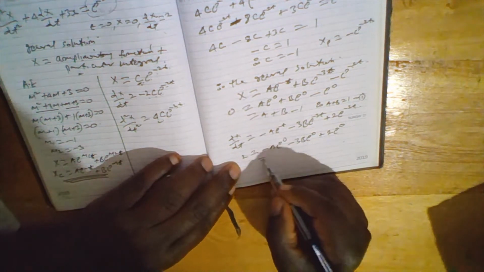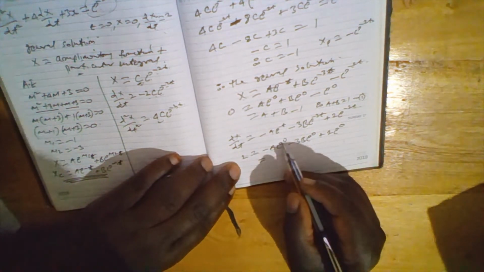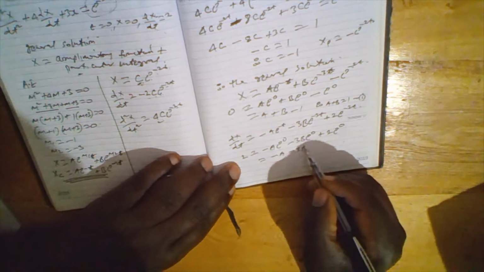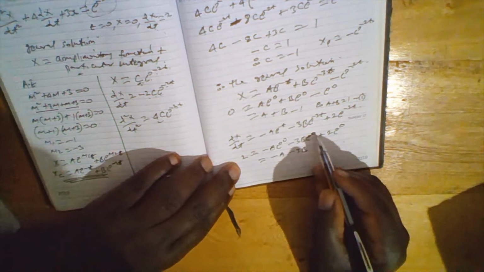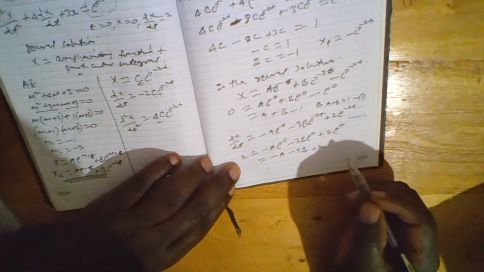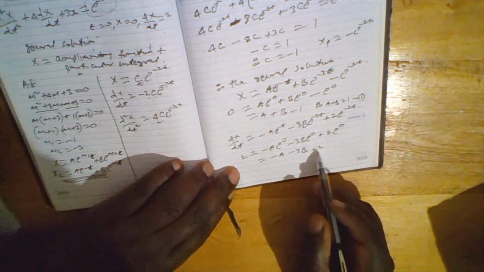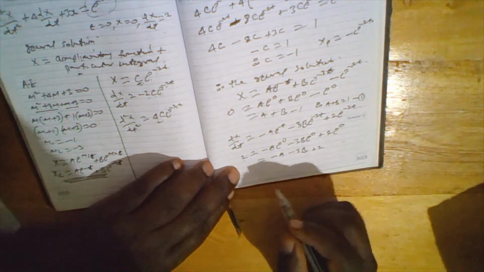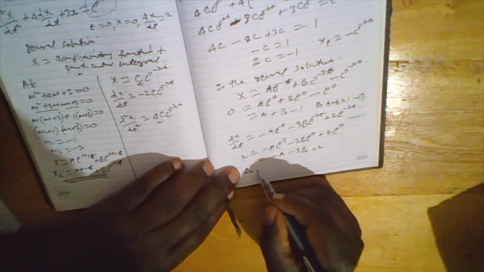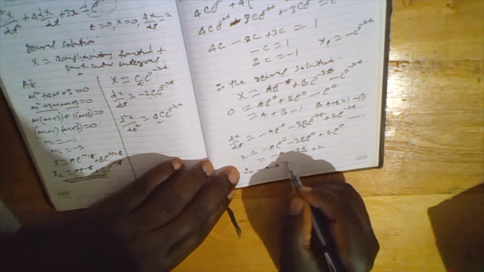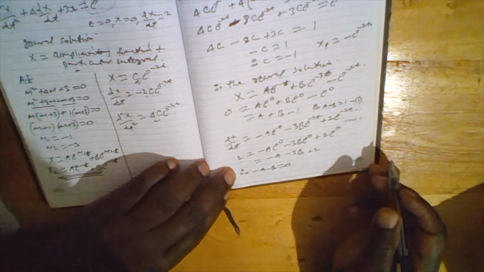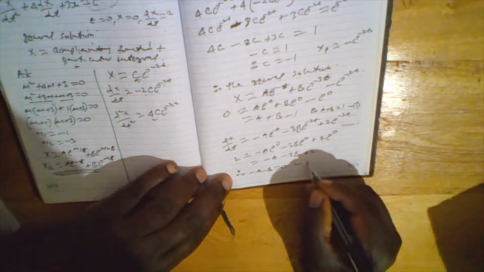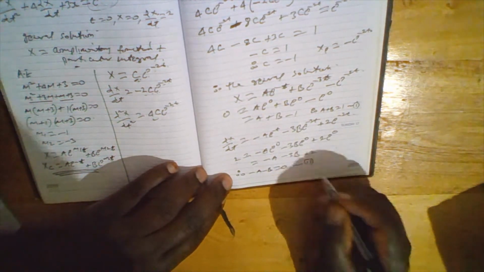Therefore, this equals minus a times 1, so minus a minus 3b, because exponent 0 is 1, then plus 2. When these two cross the equal sign they become negative, therefore minus a minus 3b equals minus 2. We call this one equation 2.